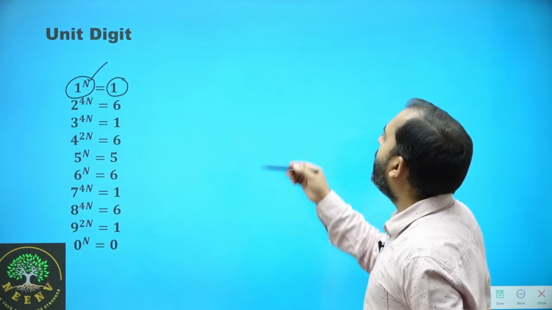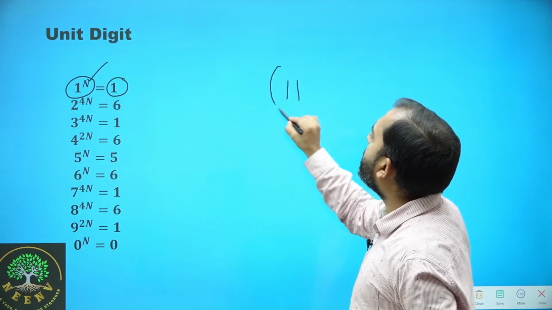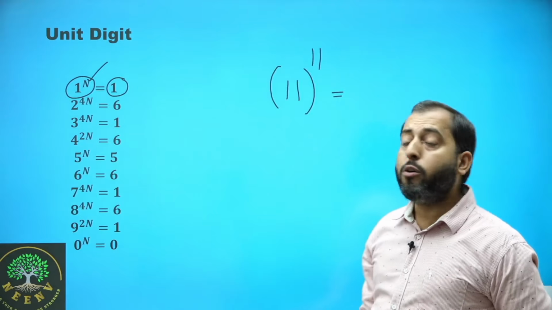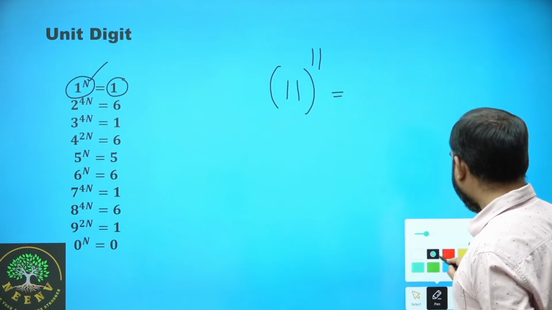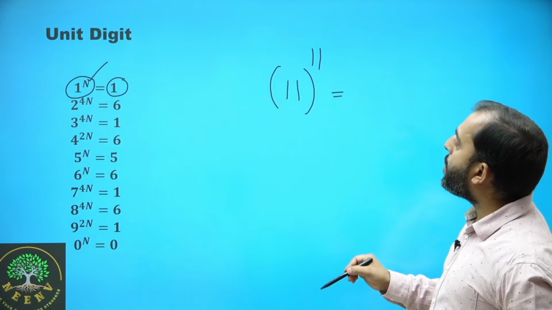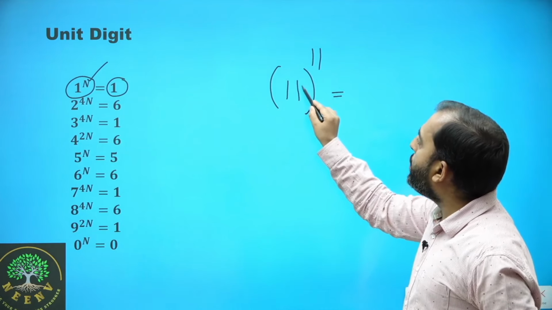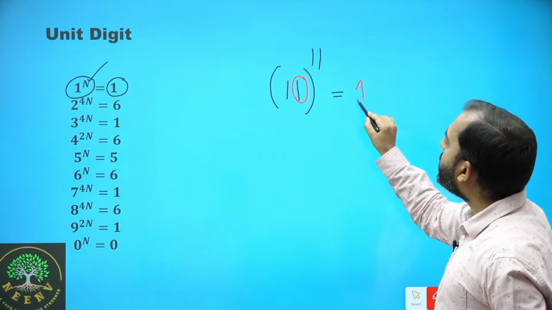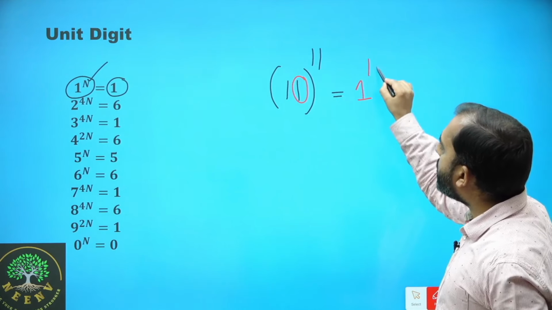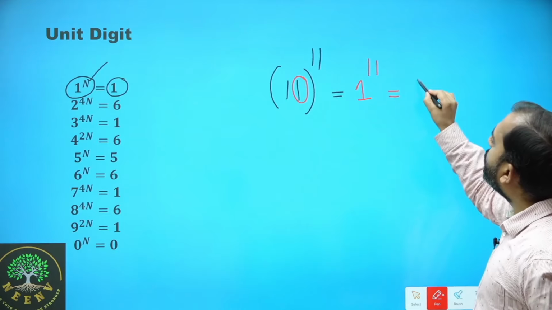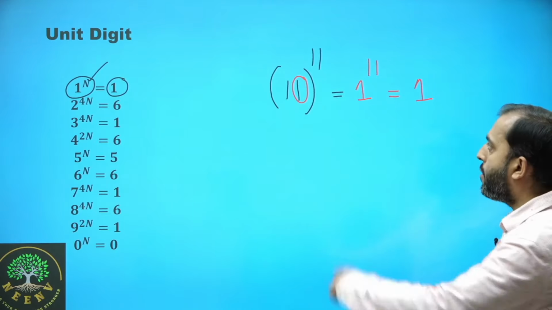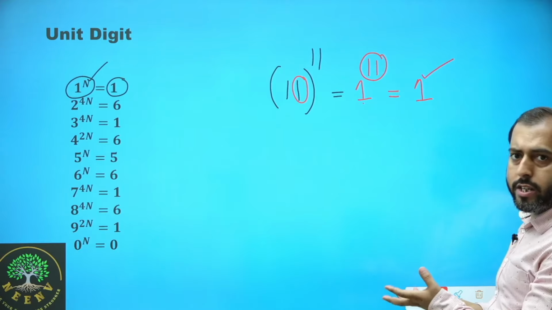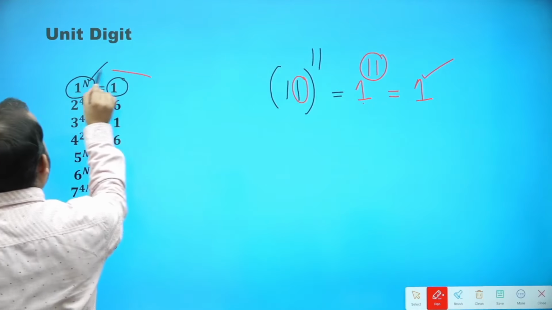For example, if I do 11 raised to the power 11 and I want to find out the unit digit of the result, see, in the base, this 11 ends with 1. So, the unit digit of 11 raised to the power 11 and the unit digit of 1 raised to the power 11 should be 1 only. 1 raised to the power any natural number will produce 1 as the unit digit. This is the meaning of the very first line.